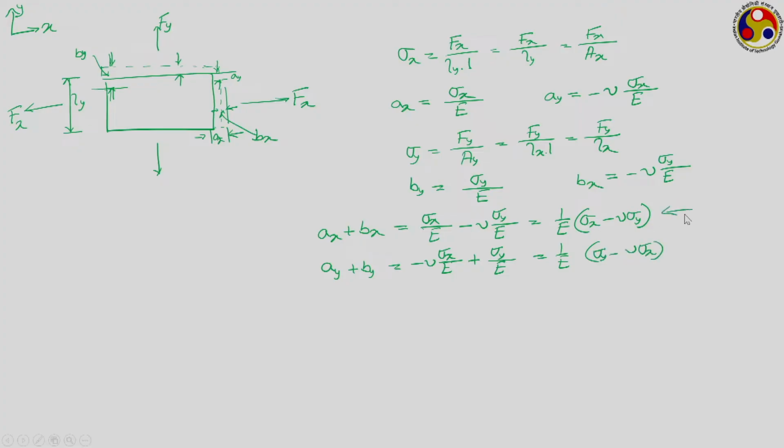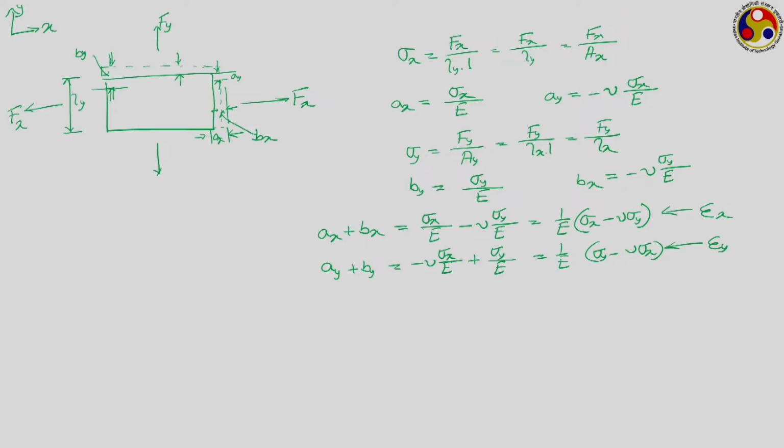So, what is this then? This is the net change in length in the x direction, or this can then be related to epsilon x, the net strain in the x direction because of both the forces. Similarly, this is epsilon y, the net change in length, or net strain I should say, in the y direction because of both the forces.